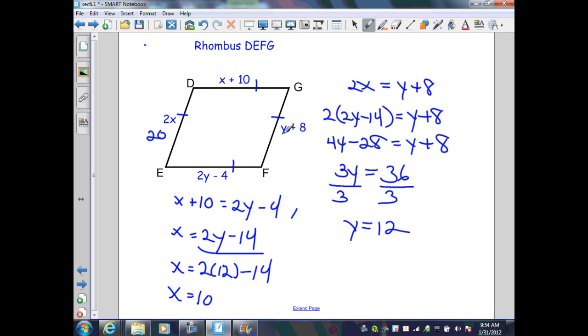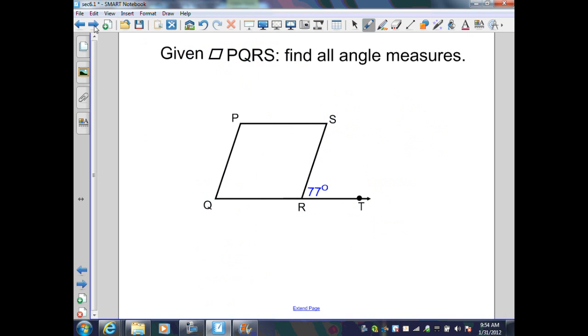For 12 goes into y plus 8, 12 plus 8 is 20. And therefore, each segment must be 20. But I can check that by saying x is 10, substitute in, 10 plus 10 is 20, y is 12, 2 times y is 24, minus 4, which is still 20.